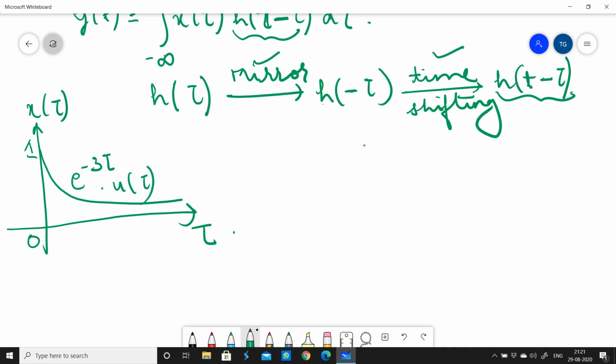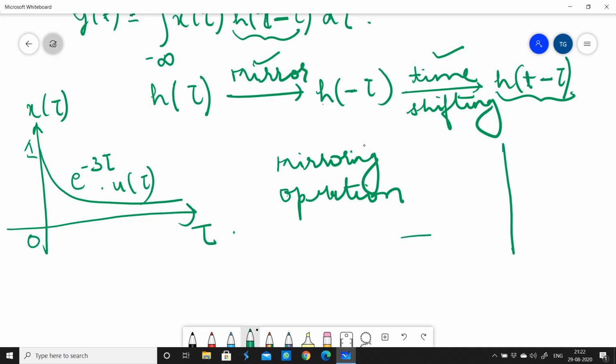And here first we are doing the mirroring operation. So if we mirror it, what we will get? It will be like this.